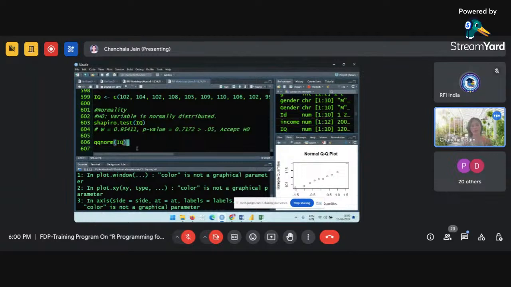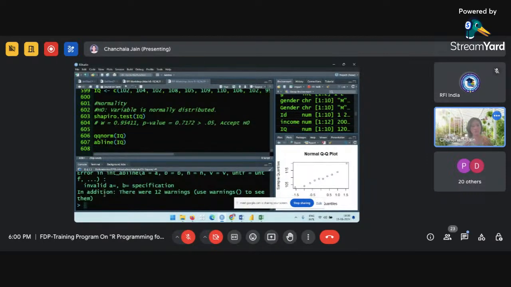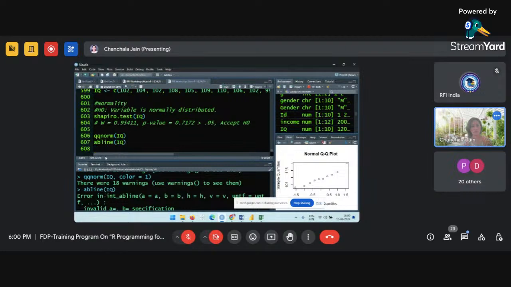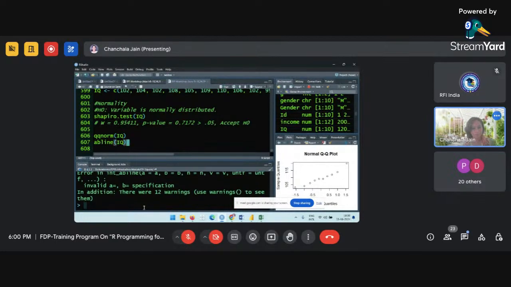And I think there is a function called AB line and you can use it. What is the problem? Anyone please perform this? I don't know why it is not taking in my case.